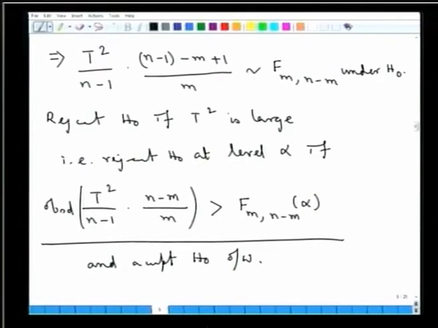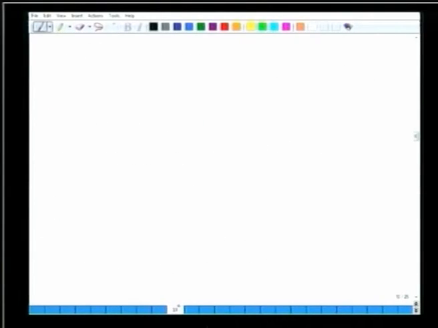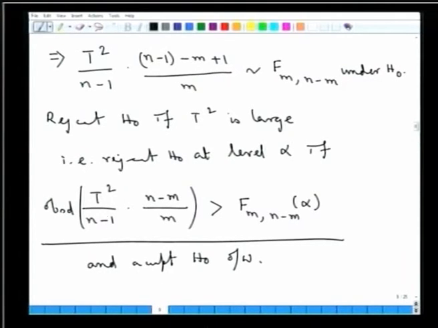So if we take m equal to 1, then this statistic reduces to a student's t statistic. Suppose we have m equal to 1, that is, we are looking at univariate distribution theory. Then what happens to this particular statistic?